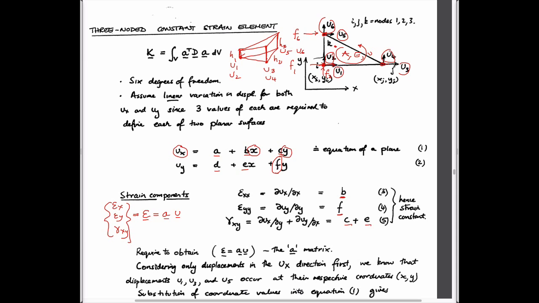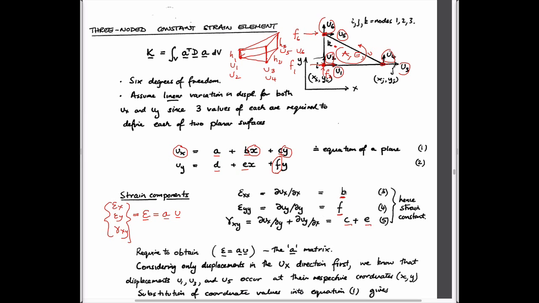Which are these? Then immediately we know exactly what these are because these are these. And so these are our nodal displacements. And so what we'd like to be able to do is figure out exactly what the A matrix is by knowing exactly what these are.